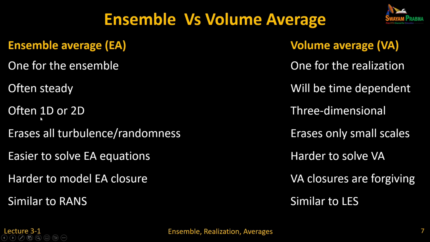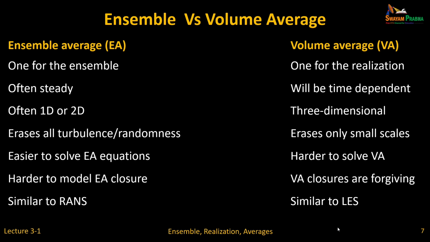Now, even if the problem is nominally one dimensional and steady, if you are looking at one realization where turbulence is happening and the particles are non-uniformly distributed, volume average will always be three dimensional and time dependent in a turbulent flow. Therefore, like in LES, you can't have a steady LES or one dimensional LES. You are stuck with solving a 3D time dependent problem, but you will describe a realization in greater detail, with coarse grained turbulence.